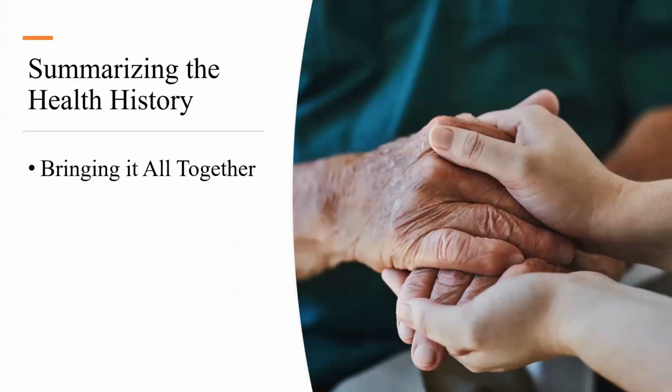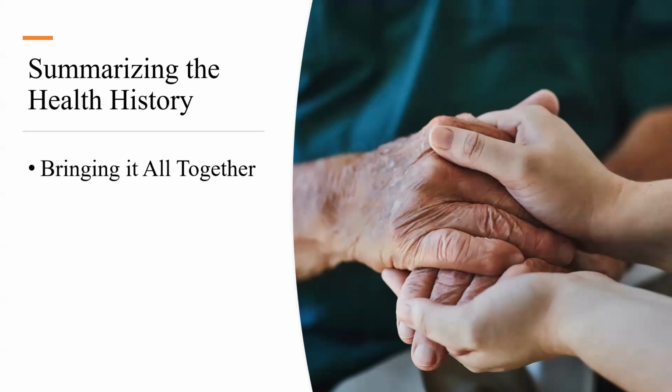So just kind of bringing it all together, when you're conducting a health history, you want to know the general health of the patient, observing the patient. You want to know their chief complaint, what's the family and social history, how are they impacting the patient's health, and understanding the importance of this really creates an environment of effective care.